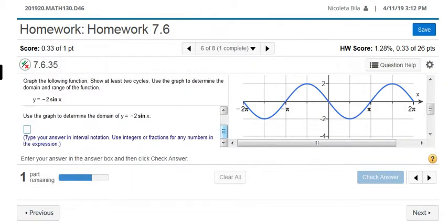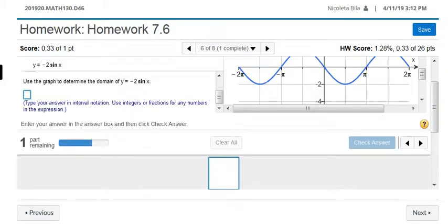Let me show you also the other questions. We have: use the graph to determine the domain. The domain is the set of all real numbers for a sine function. I click in this box and get a new box, because I need to type the answer as an interval.